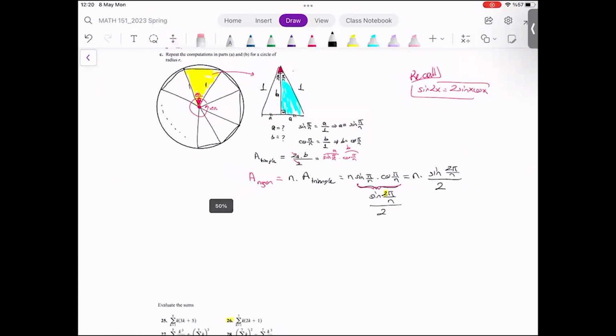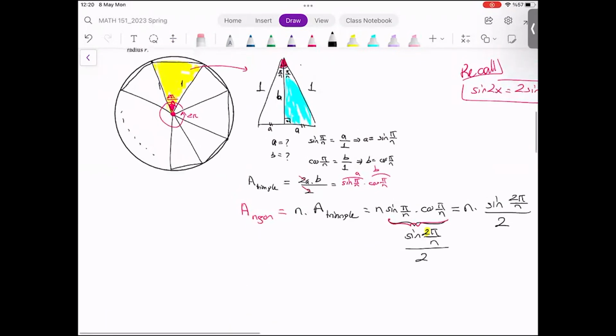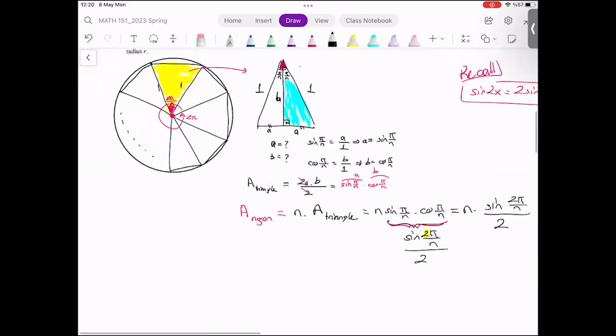Okay, this is the formula expression for the area of the n-gon. Now, can we relate this area of the n-gon with the area of the whole circle? You know, the area of the n-gon and the area of the circle are not the same because of these error parts, obviously. So the area of the polygon is very close to the area of the circle, but they are not the same because we have these errors here.